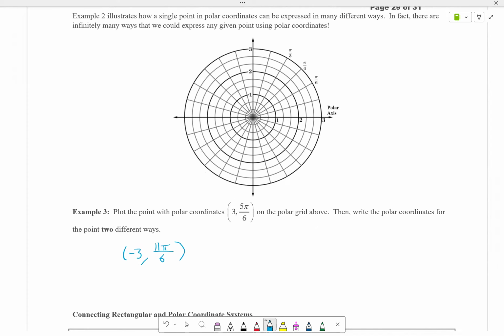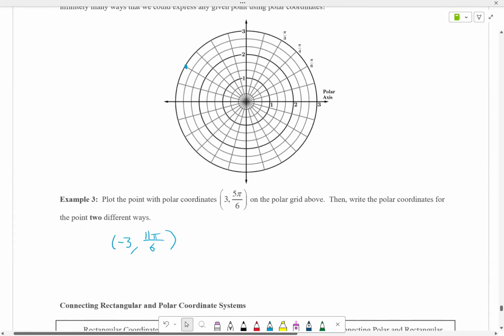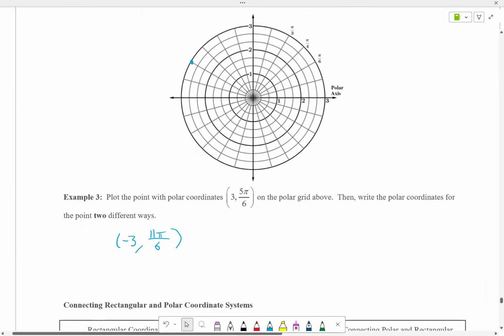Do we agree with this? Let's see, so 3, 5 pi over 6. I like that reason. So do you see that if you point at 11 pi over 6, then you have to go -3 to get there? What do you think, Chief? Does that make sense? That makes sense.